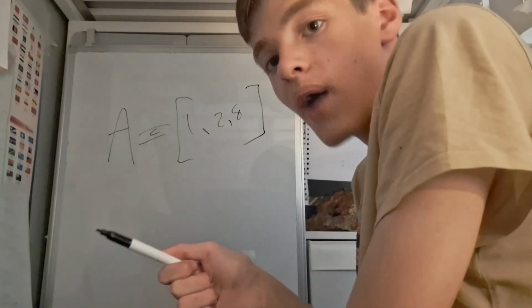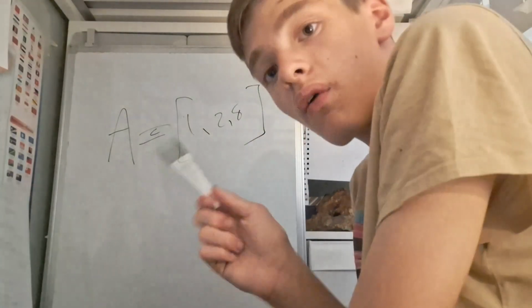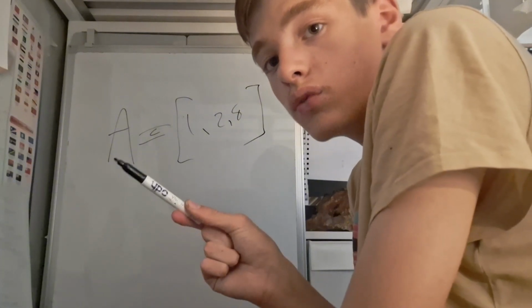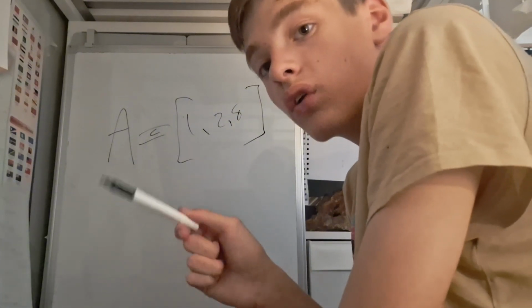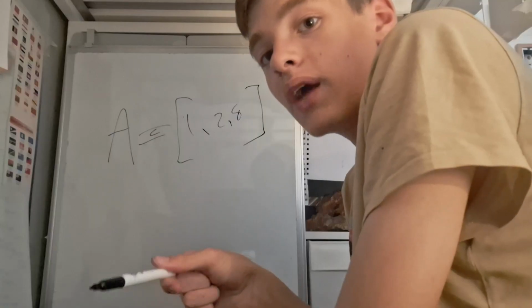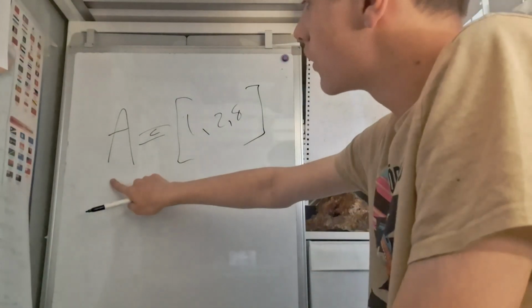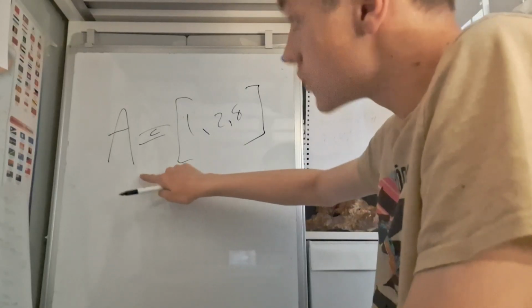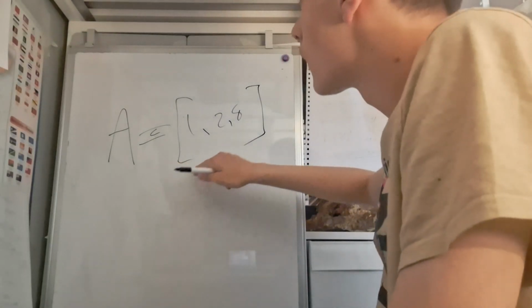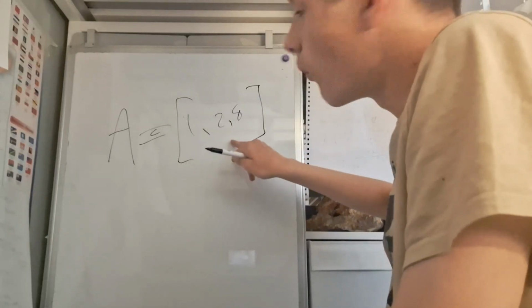Normally, in most sets, order does not matter, but there are special types of sets which, with certain notation, are meant to be ordered in a specific way, but that's a bit more complicated and not for an introduction. So, set A contains, or is equal to, 1, 2, and 4.